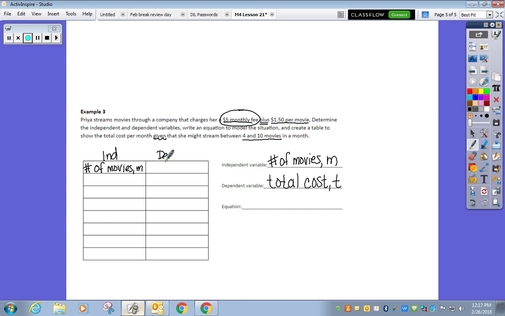For our dependent, I'm going to do our total cost. So I'll use T. You could use C for cost, whichever works best. So they want us to make the table given that she might stream between 4 and 10 movies. So that means I would want to start with 4 and work my way up to the 10 movies.